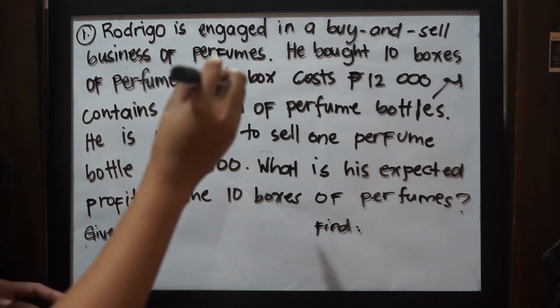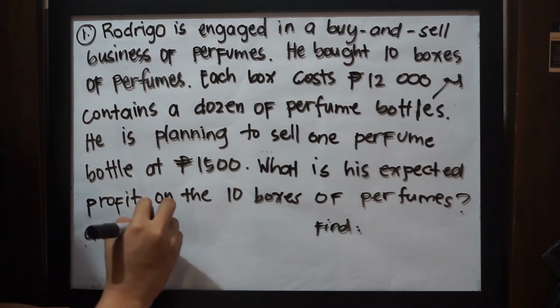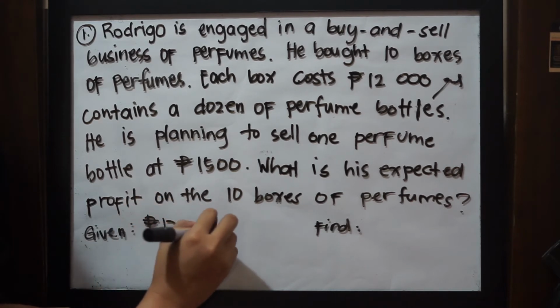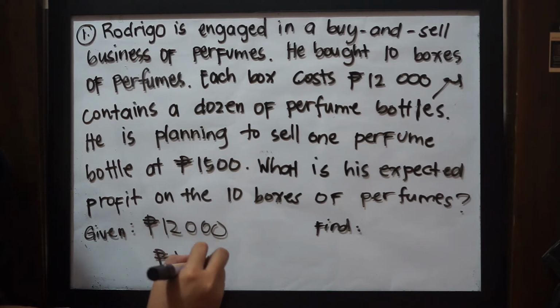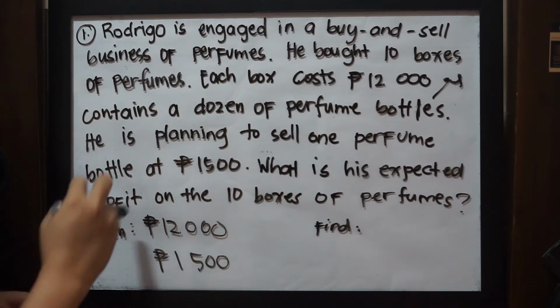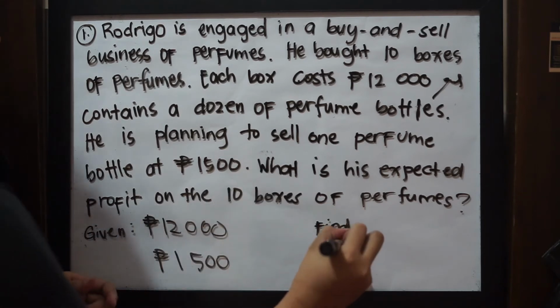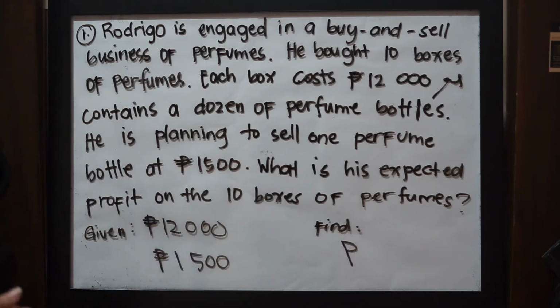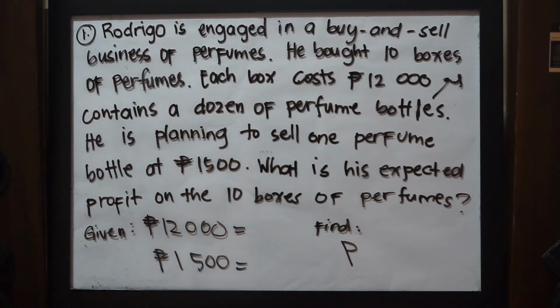So, let's identify the given values. We have 12,000 and we also have 1,500. Ngayon, dahil profit ang hinahanap, obviously, ayun ang tanong: what is his expected profit on the 10 boxes of perfume? So, ibig sabihin, we're looking for the profit. Ngayon, aalamin natin kung alin dyan yung net sales, alin dyan yung cost.